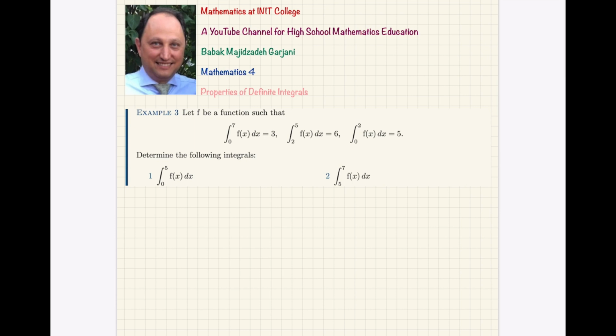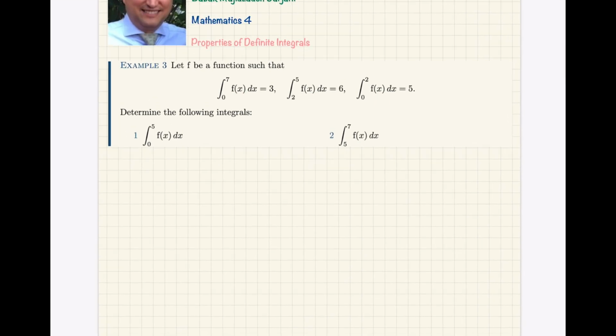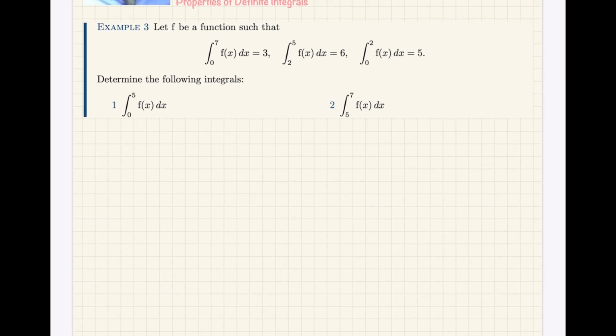Okay, and then you see that the limits are different in different integrals, even though the function is always the same. So do you have any idea, for example, how to answer the first one? How can I answer, do you think, about this?